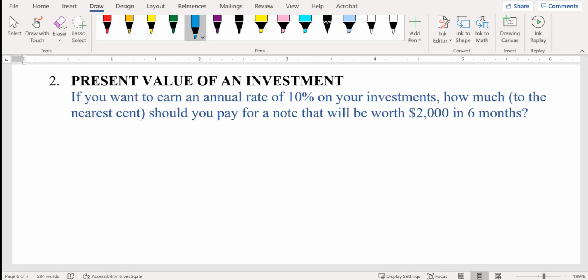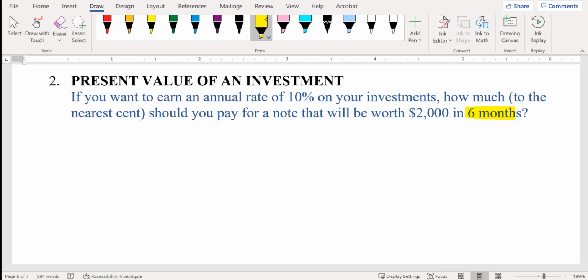Okay, number 2, present value of an investment. If you want to earn an annual interest rate of 10% on your investments, how much, to the nearest cent, should you pay for a note that will be worth $2,000 in 6 months? Another big clue when you're looking at what formulas to use in this chapter: anytime it gives it to you in months, that's usually going to be a simple interest loan.